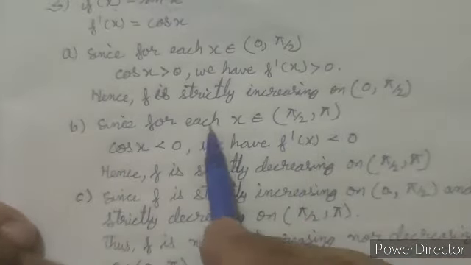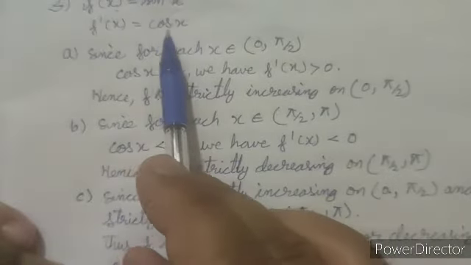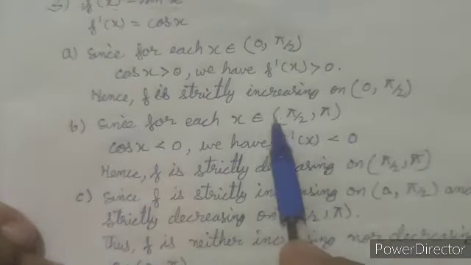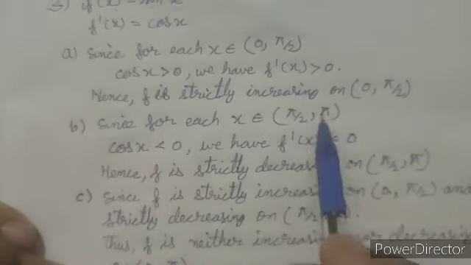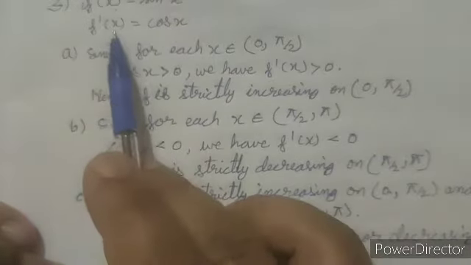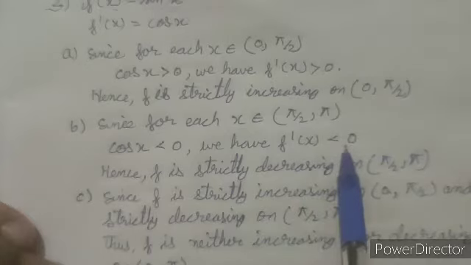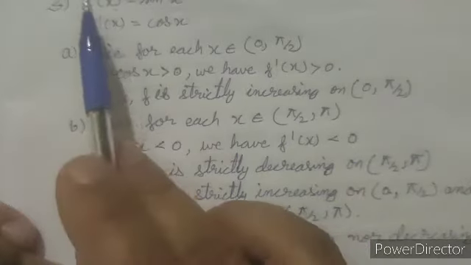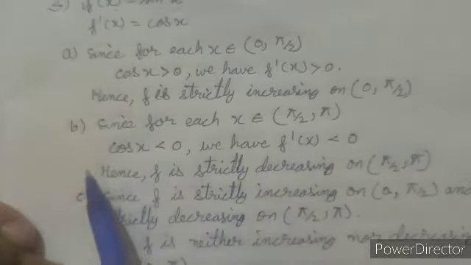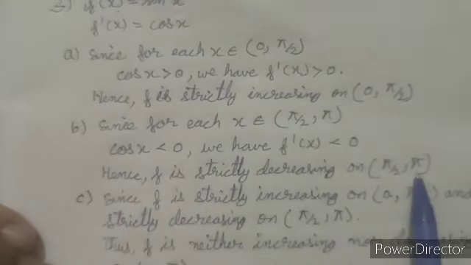Now, since for each x belonging to pi by 2 to pi, the value of cos x will be less than 0. In interval pi by 2 to pi, cos x is always negative, or you can say it's always less than 0. So, we can say that f dash x is less than 0. And if f dash x is less than 0, that means function f is strictly decreasing on pi by 2 to pi.